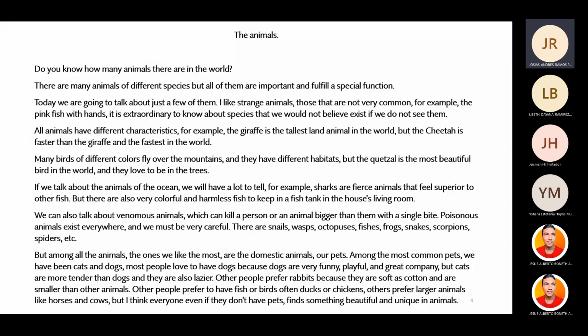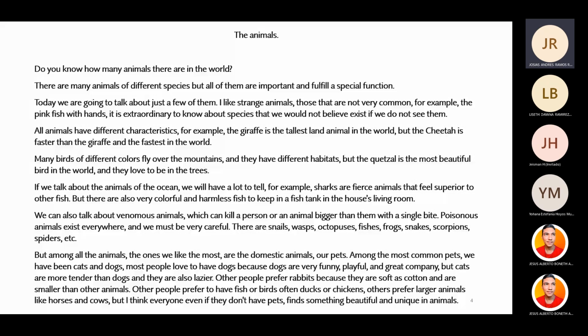Poisonous animals exist everywhere, and we must be very careful. There are snails, wasps, octopus, fishes, frogs, snakes, scorpions, spiders, etc. But among all the animals, the ones we like the most are the domestic animals, or pets.